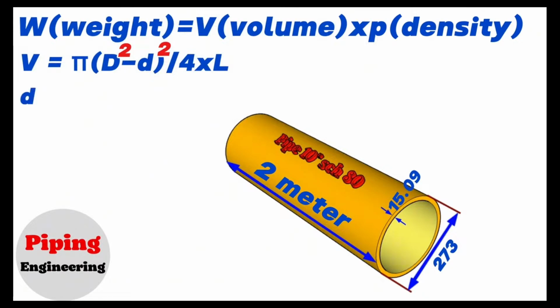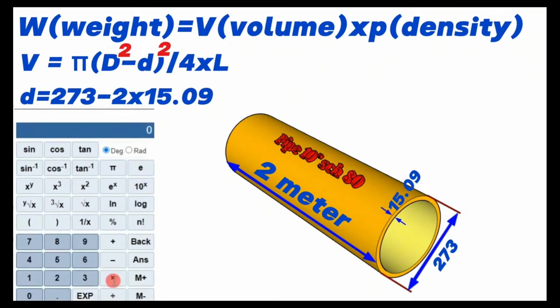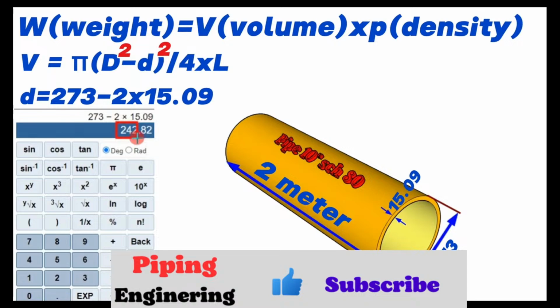The inside diameter will be equal to the outside diameter 273 minus 2 times wall thickness 15.09. Using the calculator, we find that 273 minus 2 times 15.09 is approximately 243.